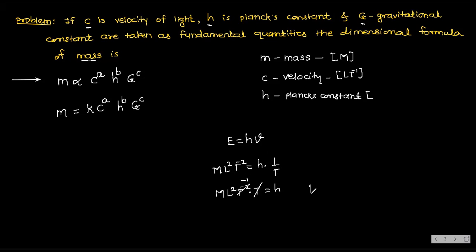This is minus 1 and hence you are getting H is equal to M L square T power minus 1. Yes or not? So what is the dimensions? M L square T power minus 1. If you have practice, then it is very easy for you. If you don't know, at least note down now somewhere at the corner this part. Okay, Planck's constant you know.